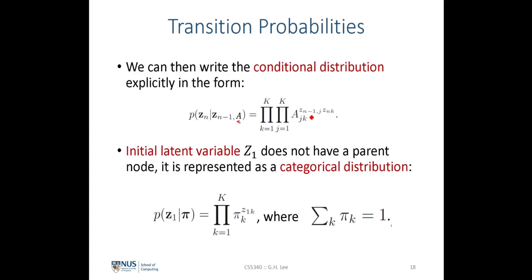What this means is that we are looking at every entry of the state transition matrix, where Zn and Zn minus 1 are going to take a particular state.